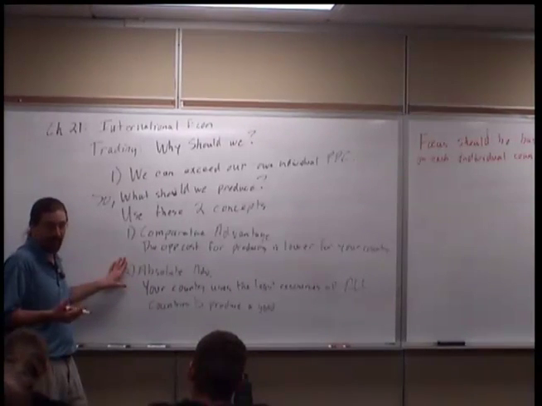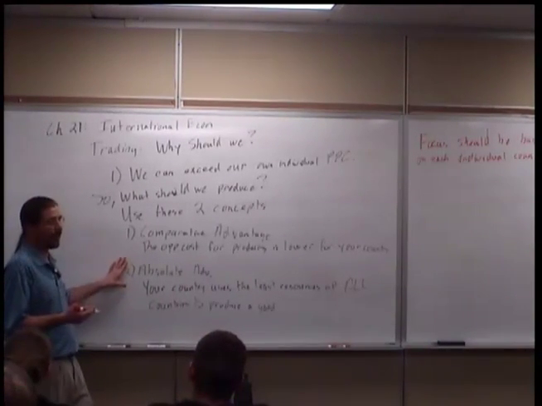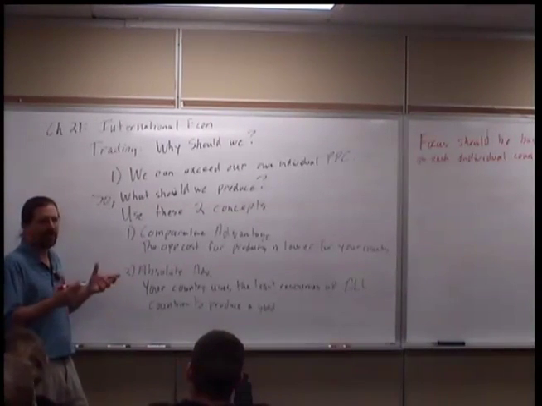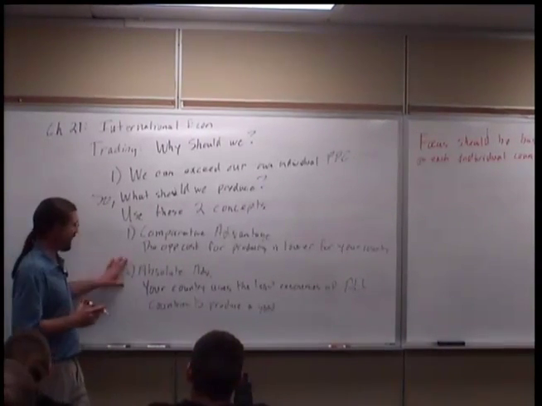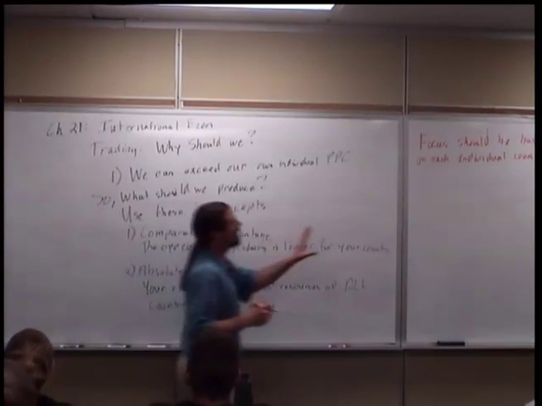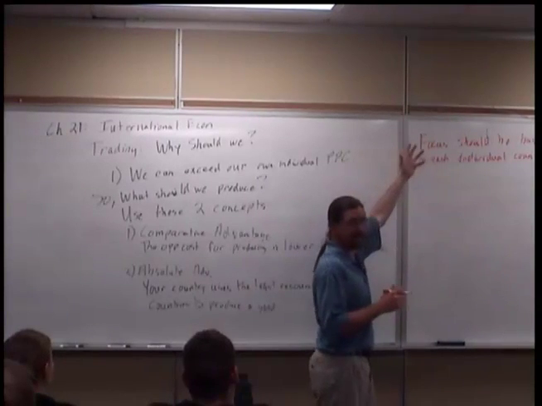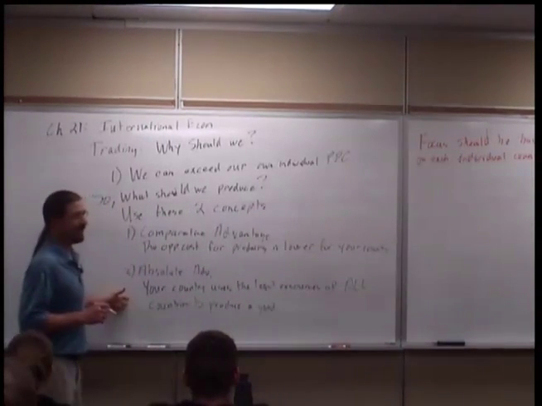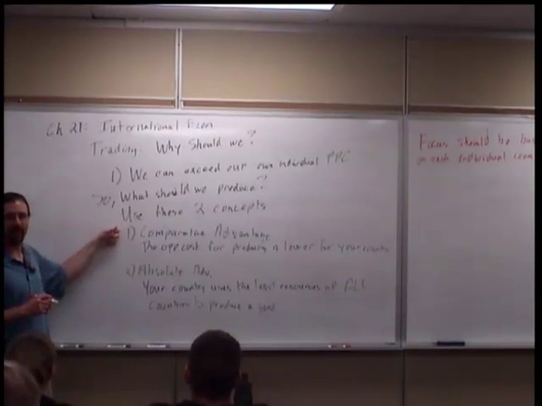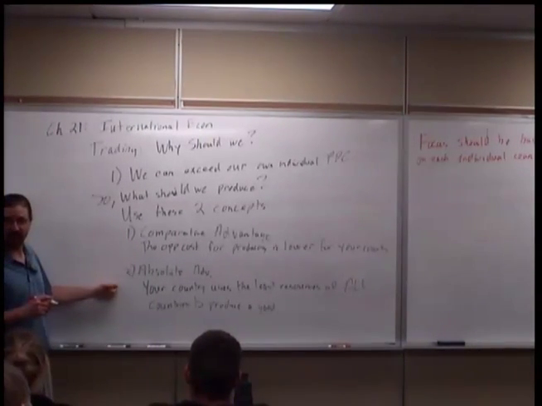Maybe for whatever reason, cars are better produced in Japan than they are here. Is it true? Hard to say. Maybe it's Kobe beef. I don't know. Whatever Japan is better at producing than us, that's what we tend to trade with them, okay? But it's done on an individual basis. So generally, we ignore our absolute advantage and deal with it on a country-to-country basis. So it's best to look at comparative advantages rather than absolute advantages, all right?